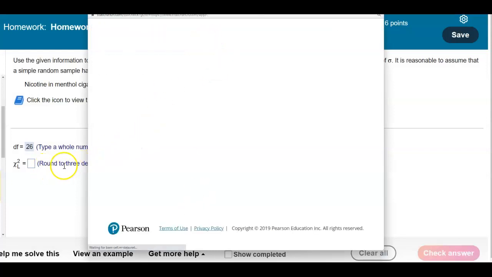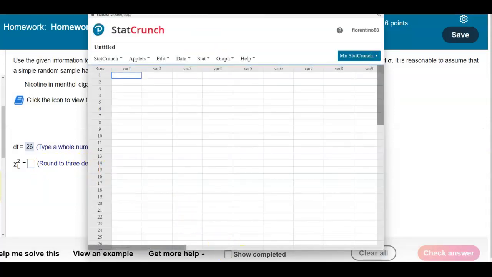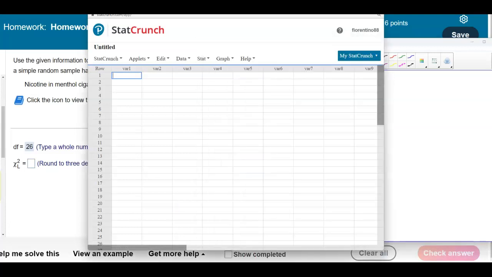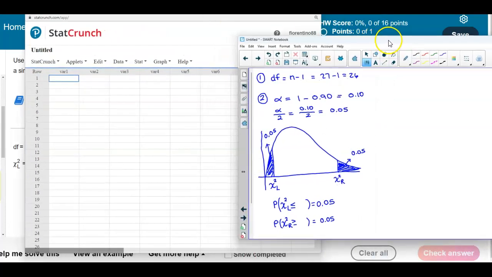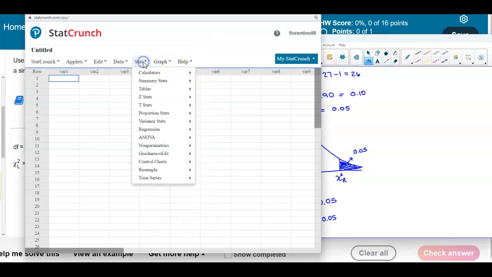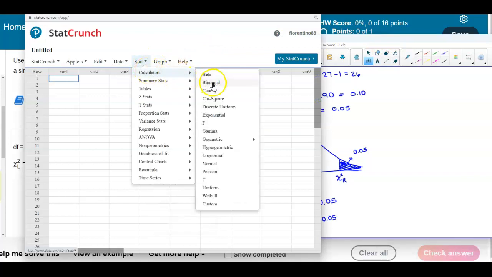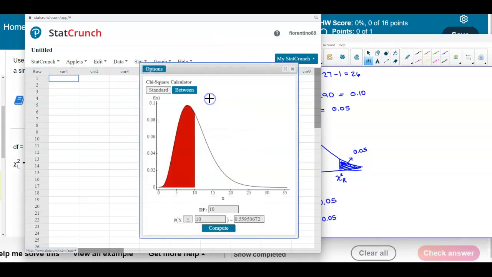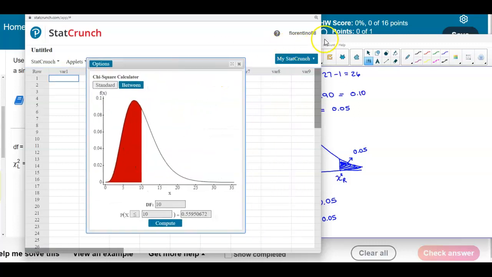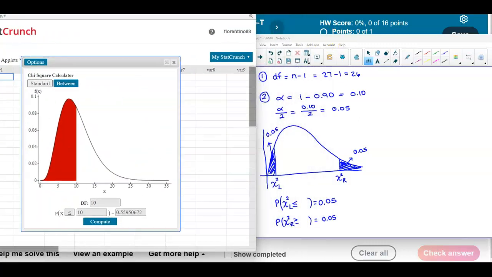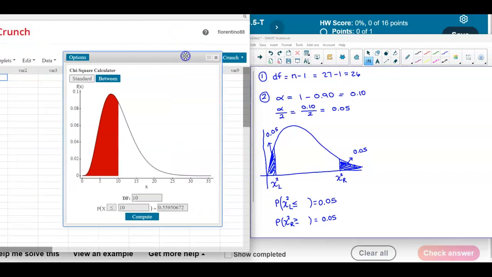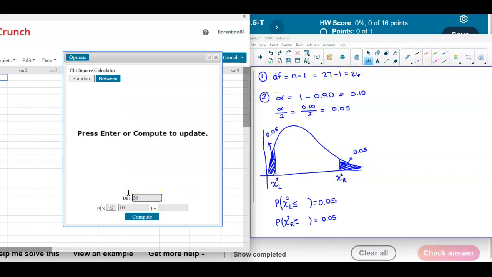Now it does say that we need to round to 3 decimal places. So in order for us to find the critical value here, we're going to go to Stat, Calculators, and then Chi-square. Alright, we need to put in our degrees of freedom, which is 26.